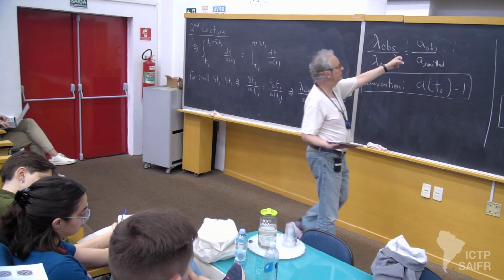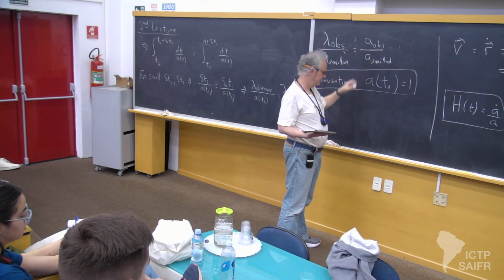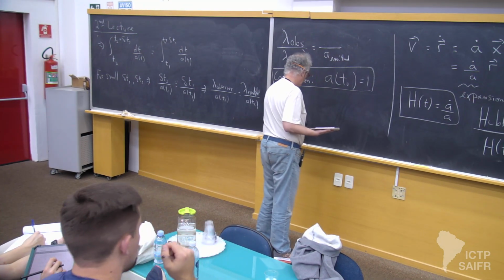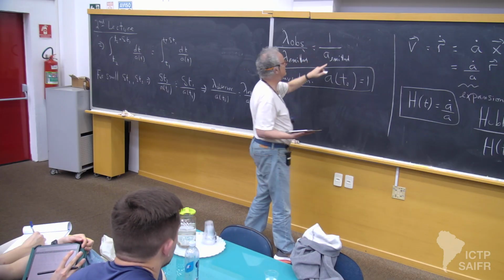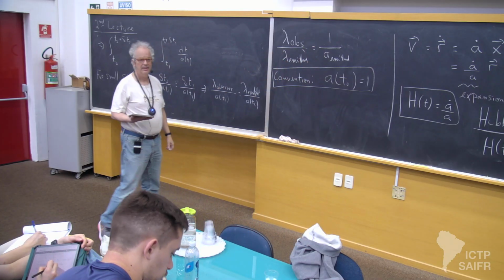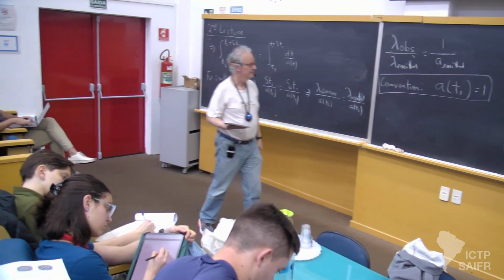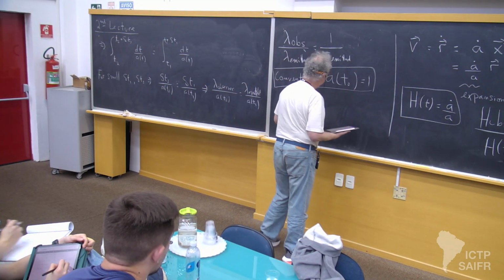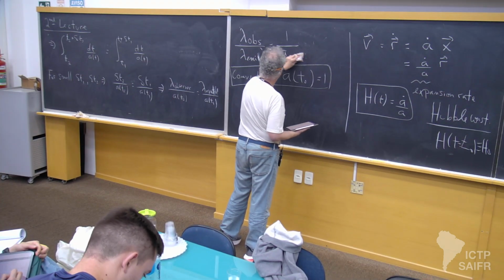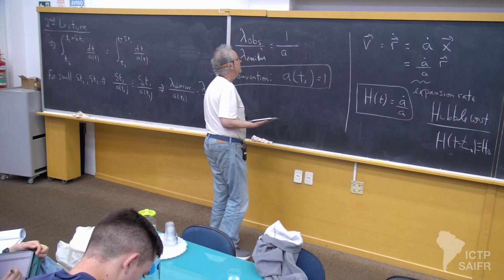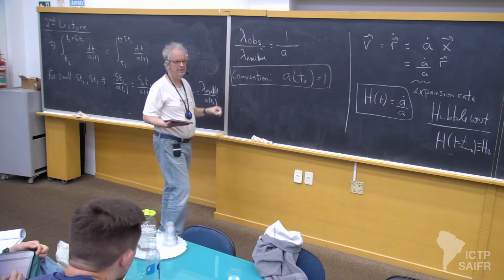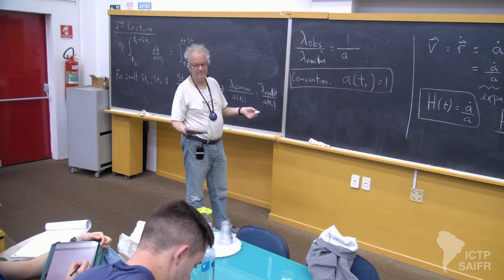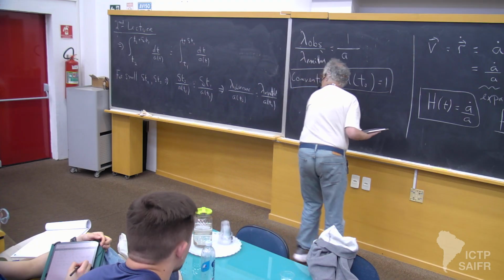So what is the value of A observed? 1. So I just put this 1. And this is the scale factor at the source that is emitting the light. Okay? So when I say A, it is the scale factor at the emitting source, because A today is 1. Is that okay?